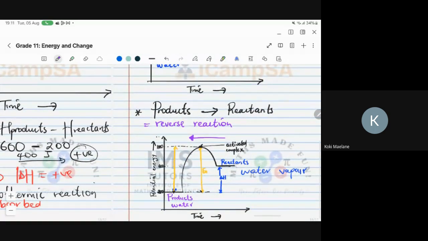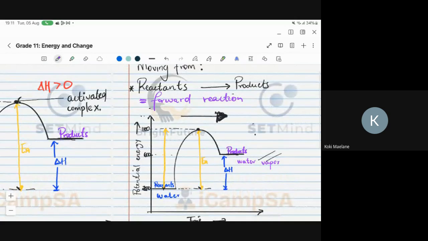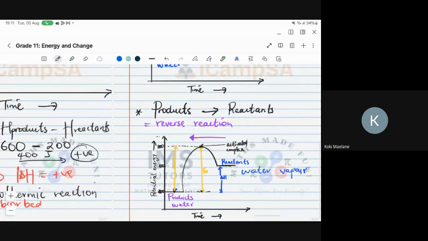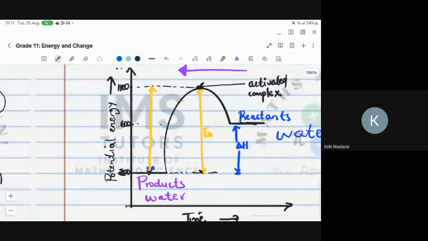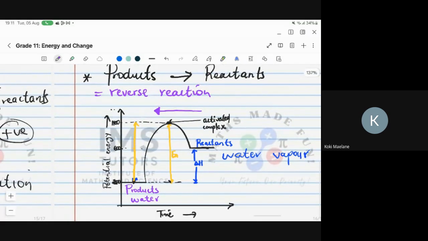What does it mean as well? It means if we're going forward, our reaction is endothermic. We're absorbing energy to create the water vapor, at least in this example. And then if we go back and reverse the reaction, we are losing energy because we have to cool the water vapor because it's hot now. It has a lot of heat energy. And we form water. Water condenses and there's a condensation temperature.